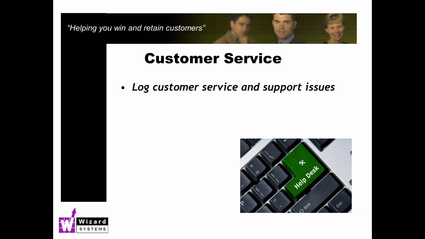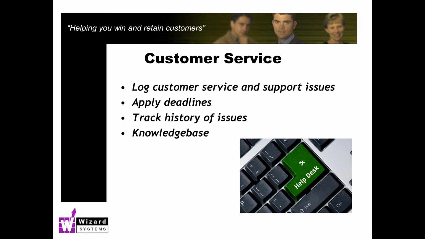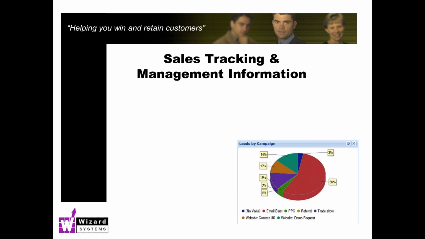But if you've got a support team, this would be a very important aspect of using the system to track service issues as cases, as they're called. That's the terminology we use. A case is a record of a customer problem or complaint. You can apply deadlines. It's all very customizable. You can track a trend or history of these issues, and you're building up, in a way, a knowledge base of typical problems and resolutions to those problems.